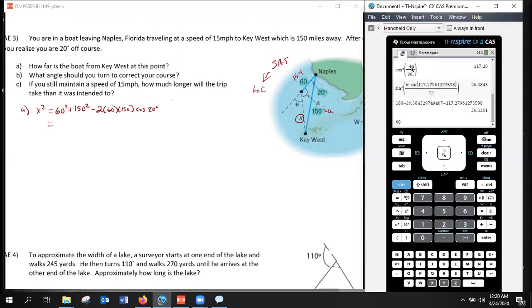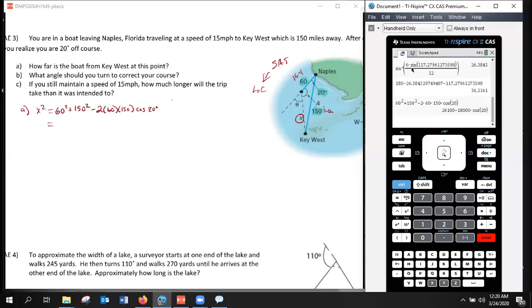So I do 60 squared plus 150 squared minus 2 times 60 times 150, and then times the cosine of 20 degrees.